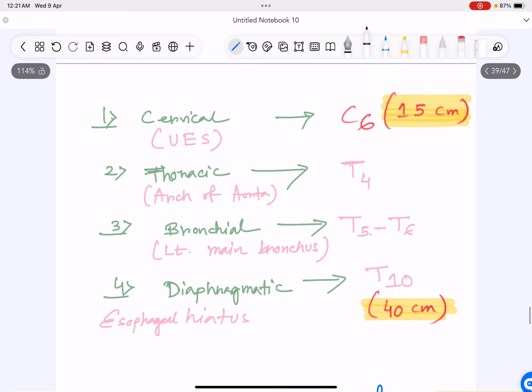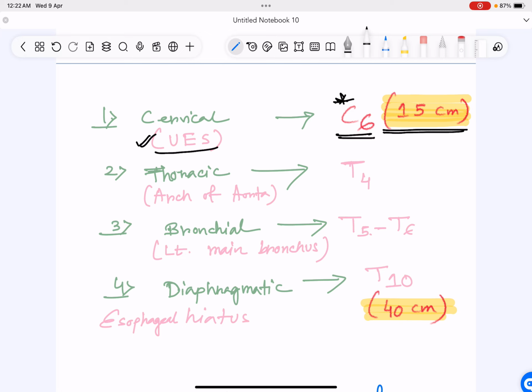The cervical narrowing is called the upper esophageal sphincter, which is at the C6 level at 15 centimeter distance from the incisors.